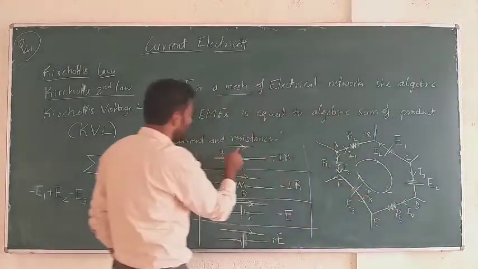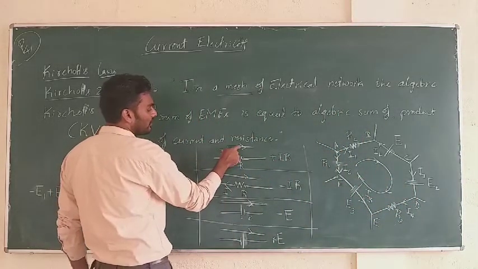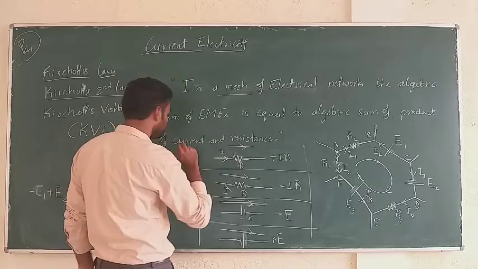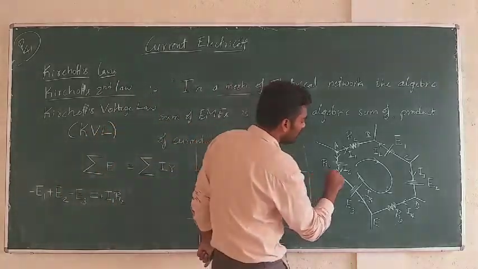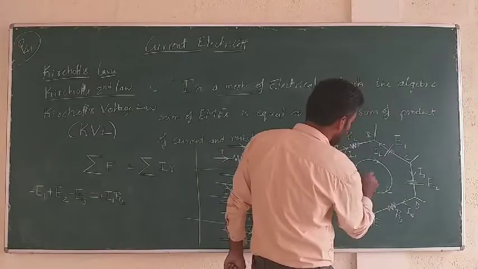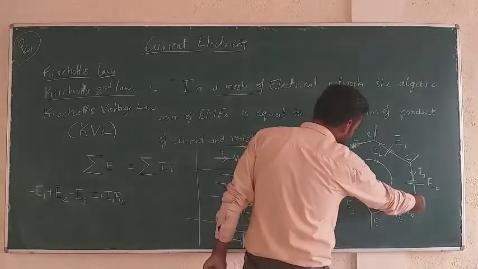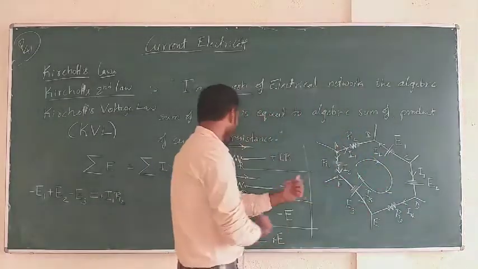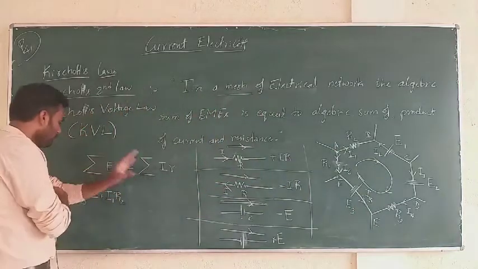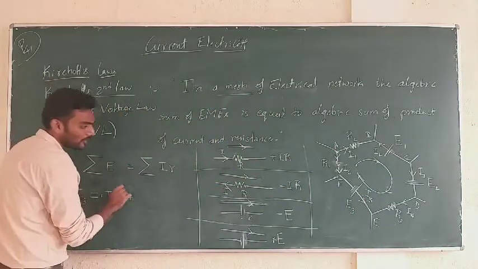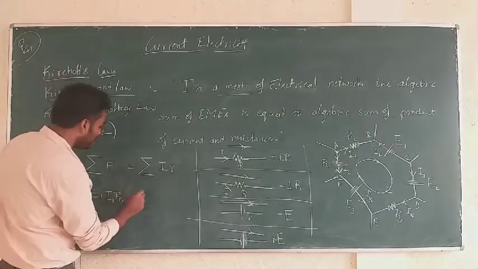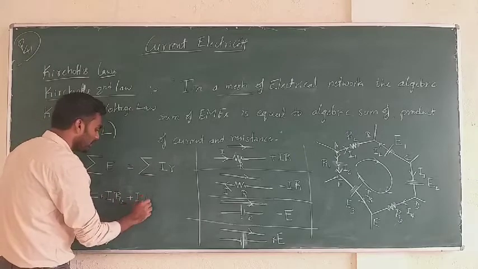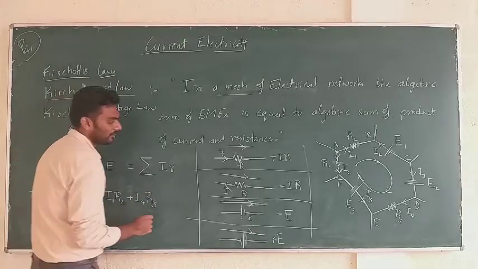So the direction of current and the direction of traversal are the same, right? Similar to I1 R2, here we have the directions the same. So again I need to consider it positive itself, which means now that becomes plus I4 R3.